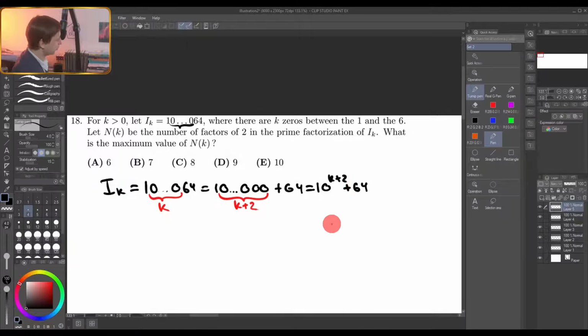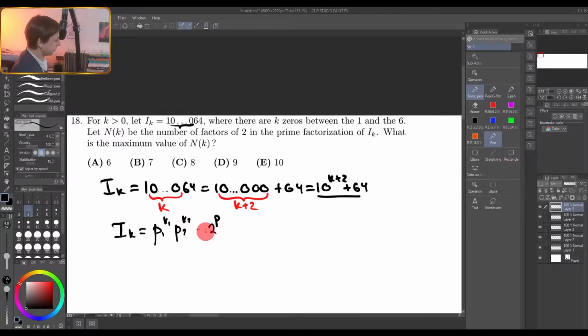Okay, we are looking for the maximum power of 2 that divides ik. Really, we are looking here at the prime factorization of ik. So ik can be represented as a product of prime numbers in different powers. And one of these prime numbers obviously is 2. This number, ik, you can see it's obviously even, and of course it's divisible by 2, right?